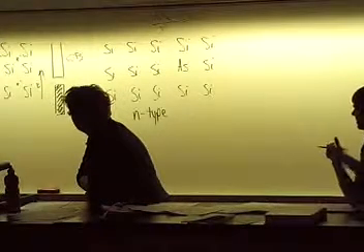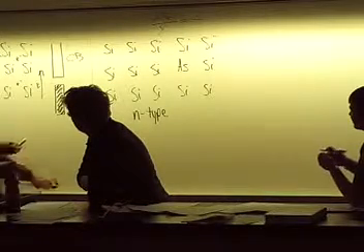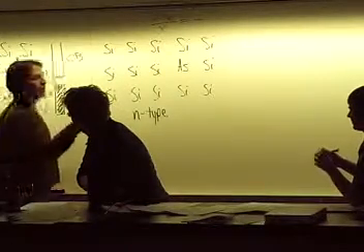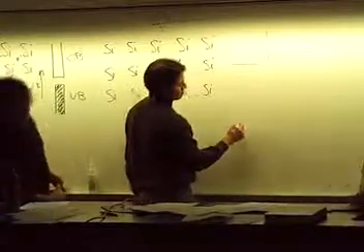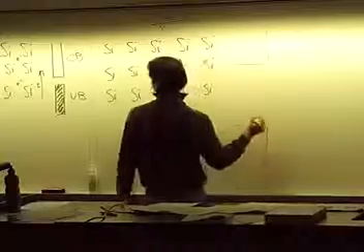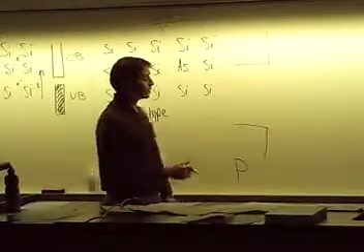So the way to think about this problem, even though we haven't talked about p-n junctions, is to say that there is a p-type material.